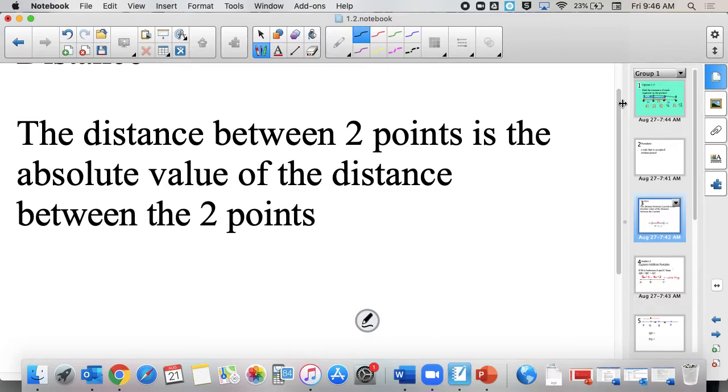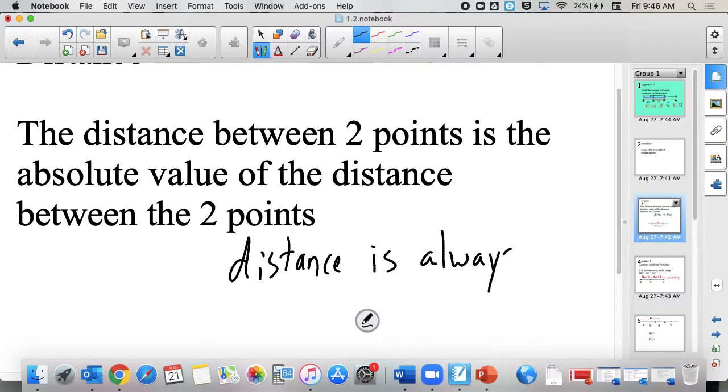It doesn't matter whether you go forward 2 steps or backwards 2 steps. You have gone 2 steps. You may end up where you started, but you have still traveled a positive distance. So the idea behind this postulate is that distance can never be negative. It is always positive.